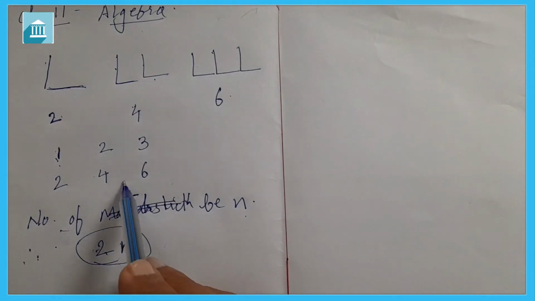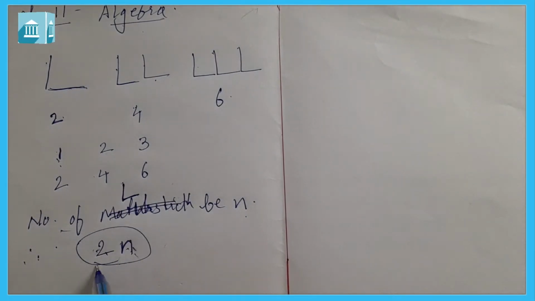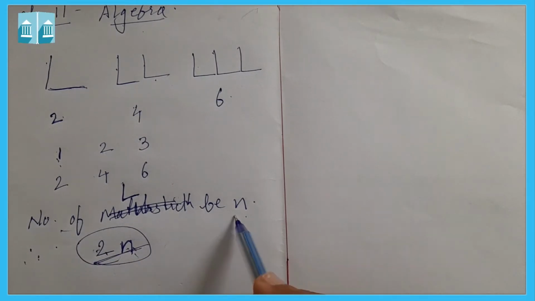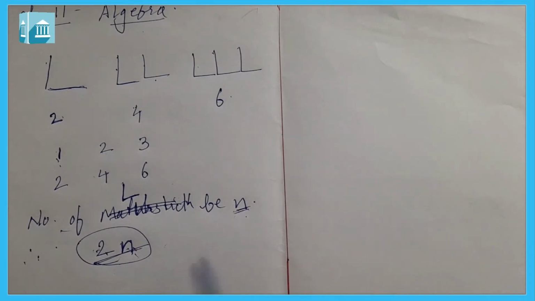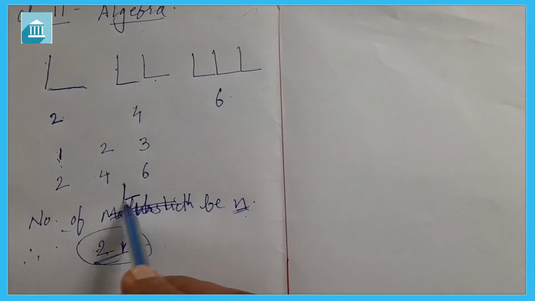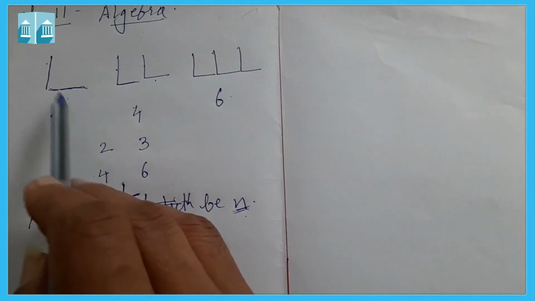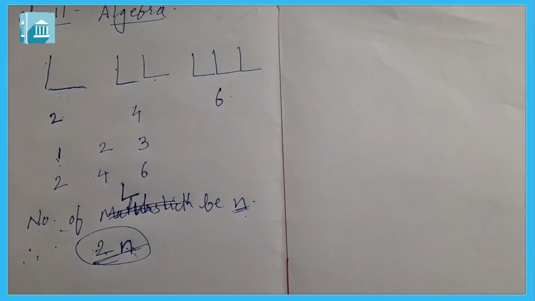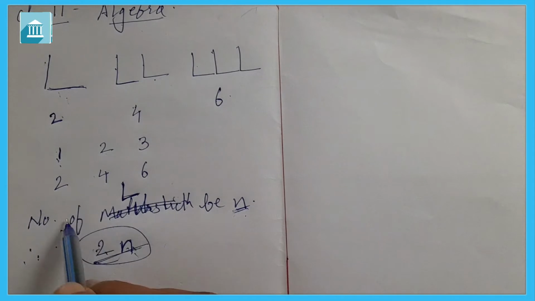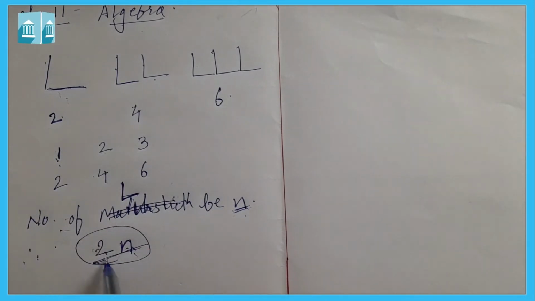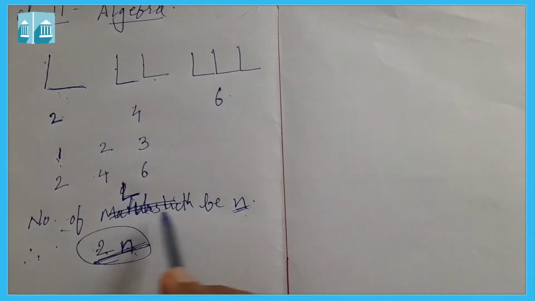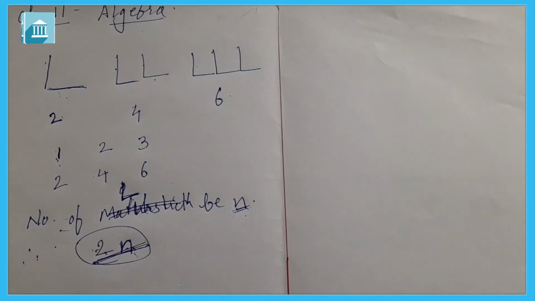But we need a formula to find out, and that formula is 2n, where n is the number of L's. So the number of matchsticks needed for nL is equal to 2n. In this way we can find out the formula to get this type of pattern.